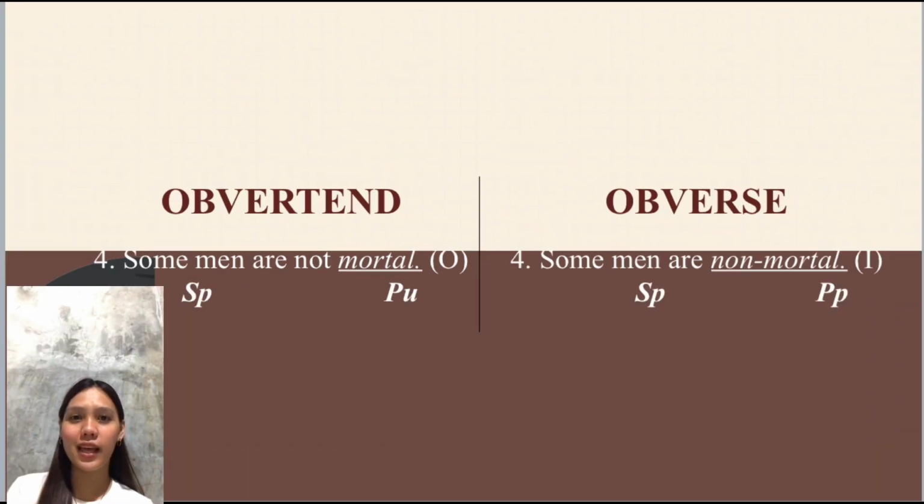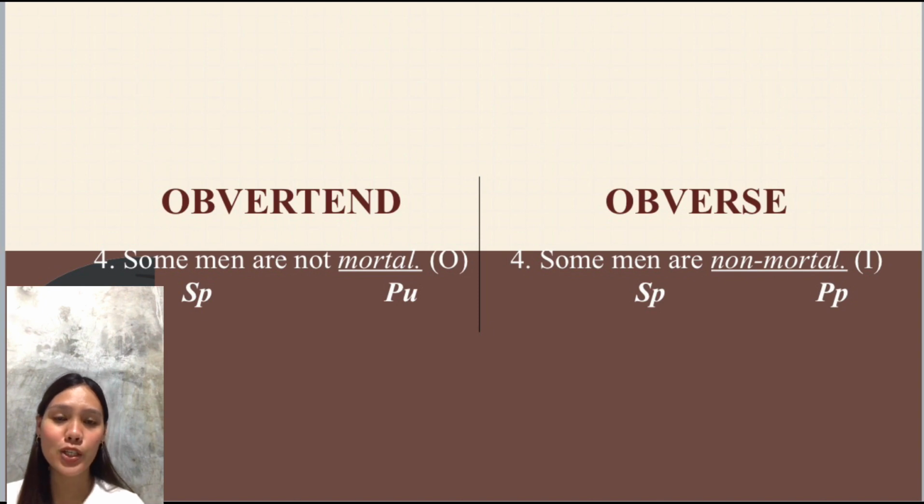So we have now the last example. Some men are not mortal, which is the obvertend, and some men are non-mortal, which is the obverse. Some men are not mortal is an O proposition for which we now try to obtain its obverse. As explained earlier, according to the first and second conditions of the definition of obversion, the subject and the predicate of the obverse would be men and non-mortal respectively.